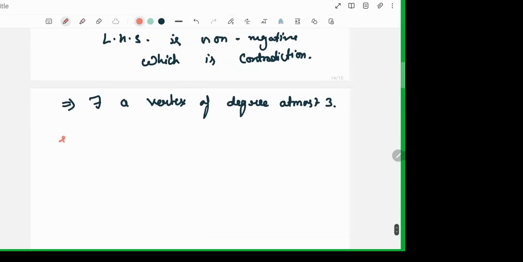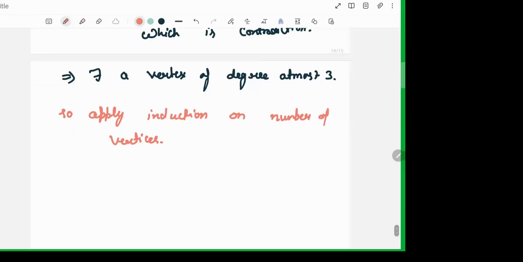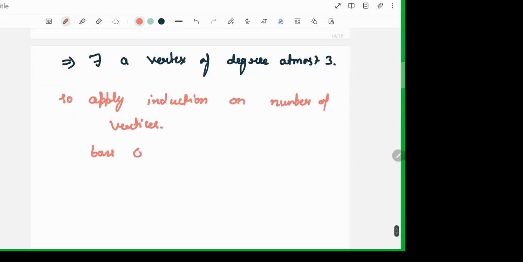So apply induction on the number of vertices. Base case done.